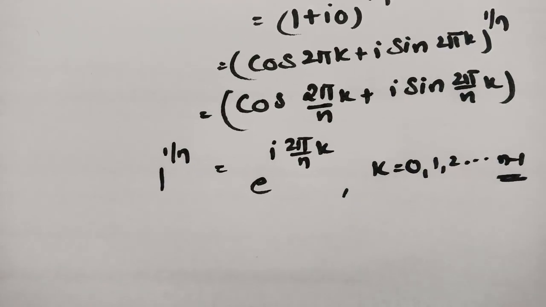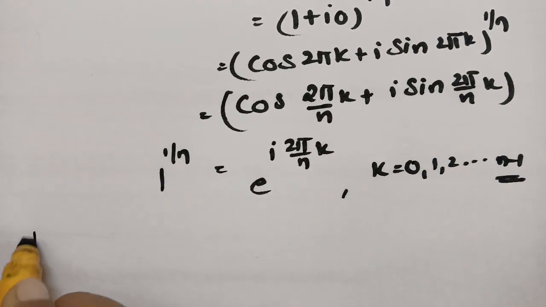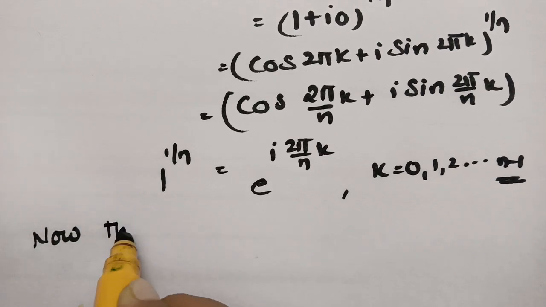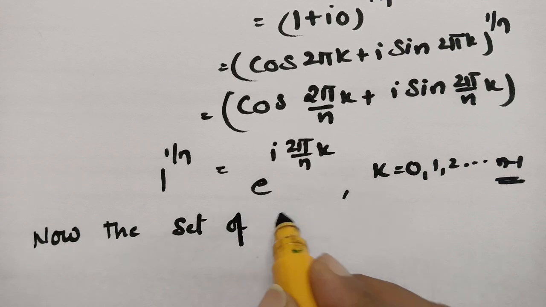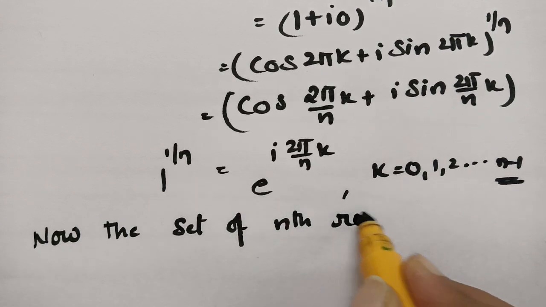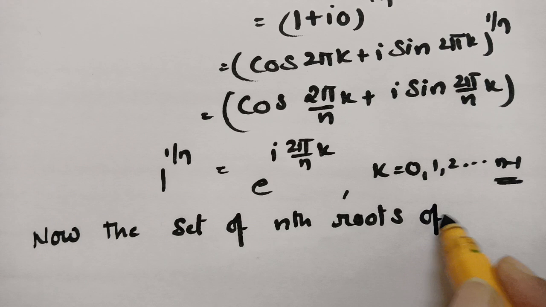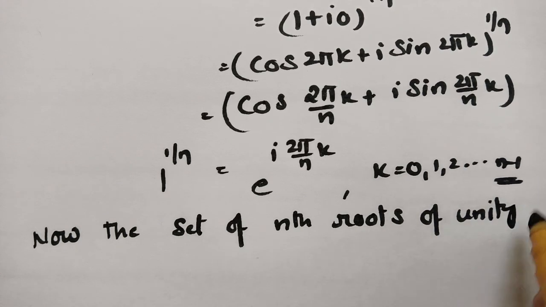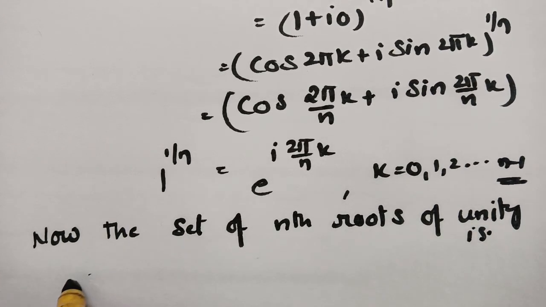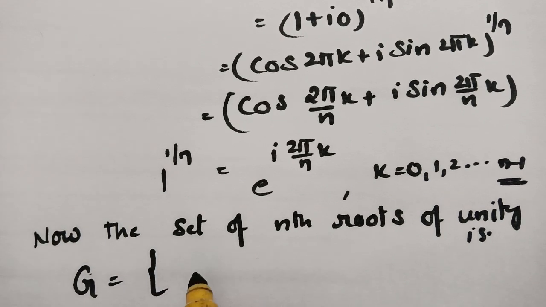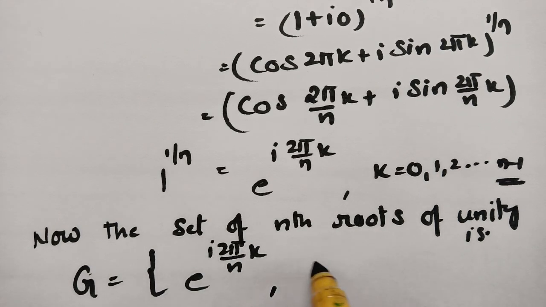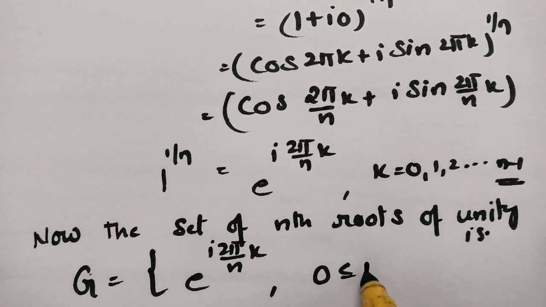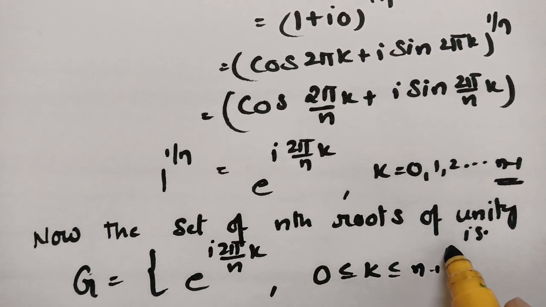And now I am framing a set here. The set of nth roots of unity is, see here, G is a set such that it is of the form e power i 2 pi k by n, where 0 less than or equal to k less than or equal to n minus 1.